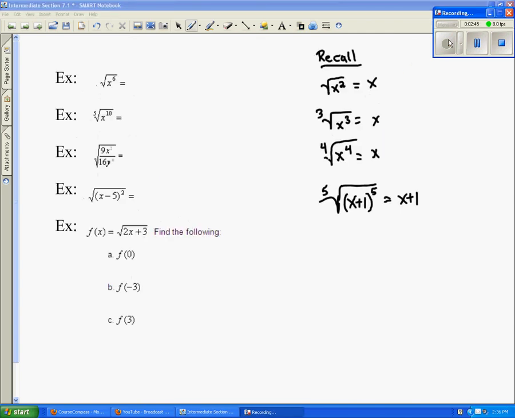Okay, first thing we want to do is recall this information right here. We know that this is a known index of 2. If my index matches my exponent, then all we have left is just my variable, because a square root undoes a square, just like a cubed root undoes a cube function. A fourth root undoes a variable raised to the fourth power, and so on and so forth.